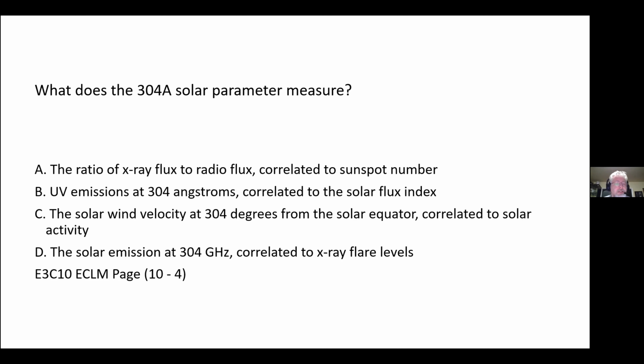C, the solar wind velocity at 304 degrees from the solar equator correlated to solar activity. Or D, the solar emission at 304 gigahertz correlated to X-ray flare levels. Bravo is correct.